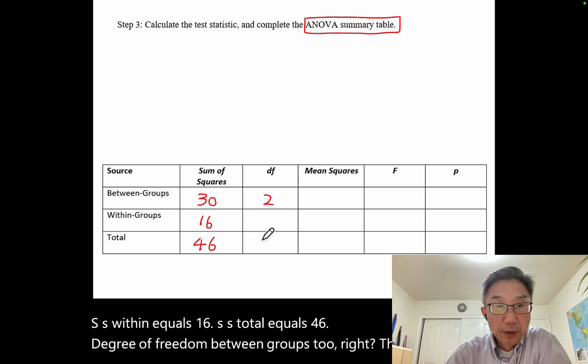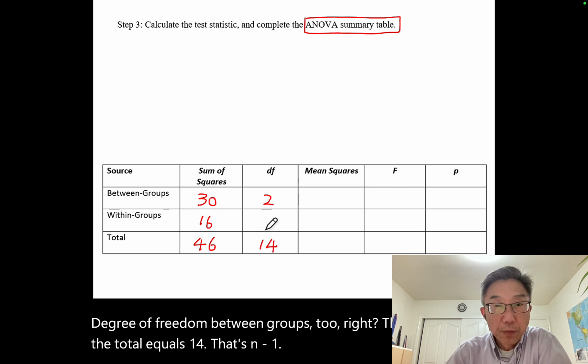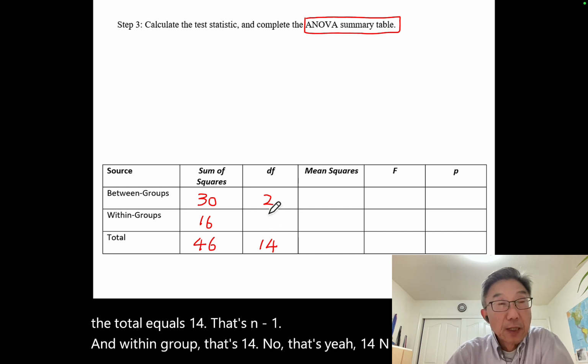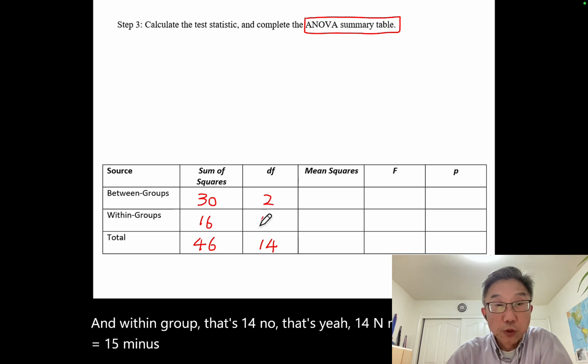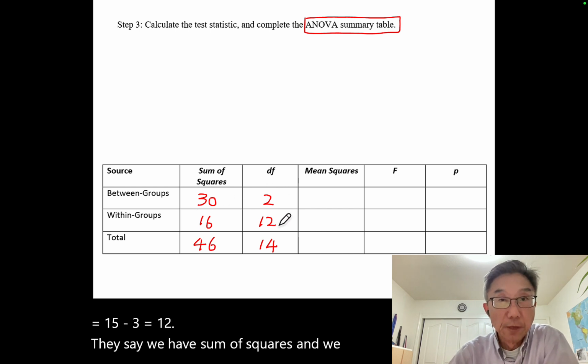And the total equals 14, that's n minus 1. And within group, that's n minus k. So n minus k equals 15 minus 3 equals 12. Okay, so we have sum of squares and we have degree of freedom.